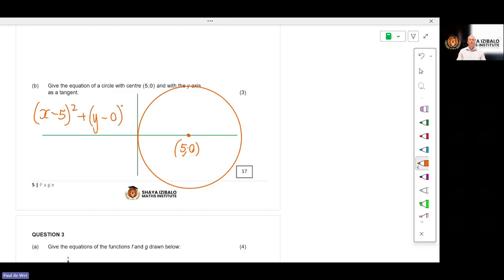Well done, 25, 100%. I've written the y minus 0 here, just to remind all the learners that that's our formula for a circle. You just said y squared, and that is 100% correct.